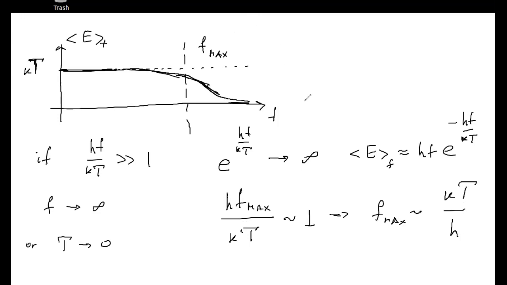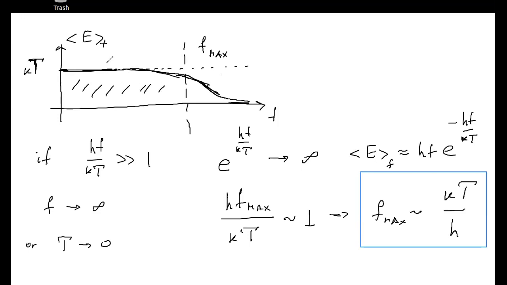Sometimes people call this Wien's law, or Wien's displacement law: this typical, or maximum, or peak frequency is proportional to the temperature. So in this case, the area under the graph would be finite. If I integrate over all the frequencies, the total energy would be finite, so I can solve the ultraviolet catastrophe.